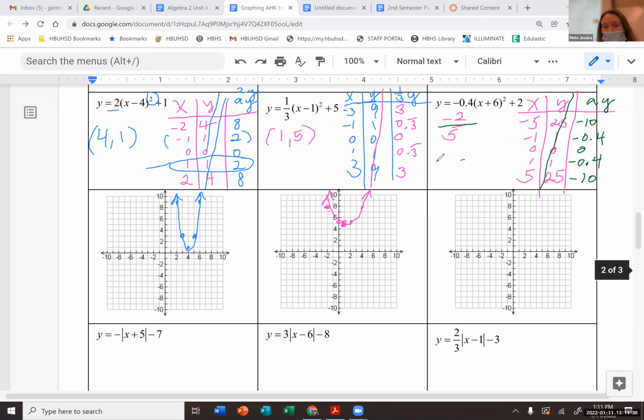And then I'm going to plot negative 6, 2. Pretend that's the origin. When I try moving left 5 units, I am at negative 11. So I'm just going to kind of fudge a little bit over there. Here's negative 11 approximately. I'm going to go down 10 units. So I was positive 2 minus 10 is negative 8.